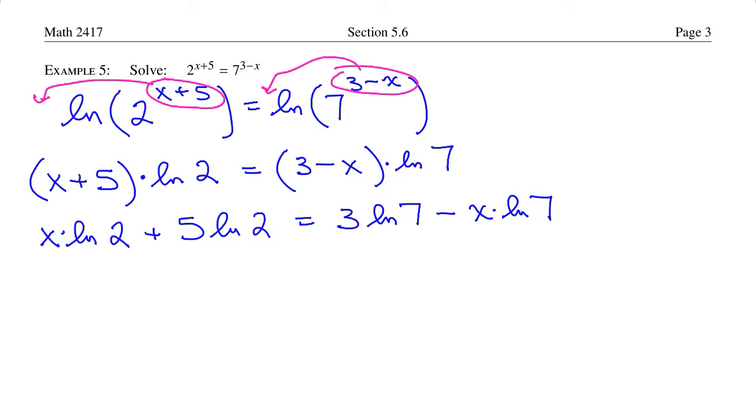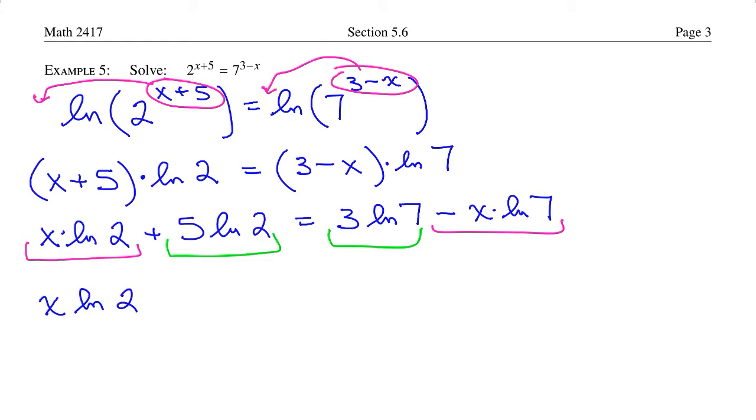Any term with an x stays or goes to the left side. Any term with no x, with just numbers, are going to go to the right side. So we're going to get x natural log of 2, the negative x times the natural log of 7, that's going to move to the left. It's going to become positive.